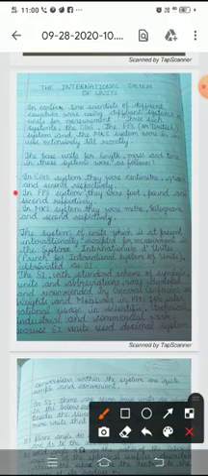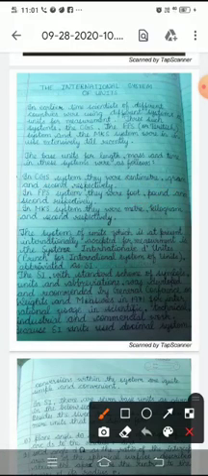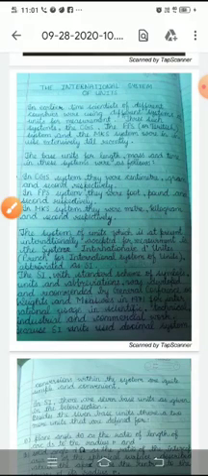In the FPS system, foot for length, pound for mass and second for time. In the MKS system, meter for length, kilogram for mass and second for time. These units were used and are used.